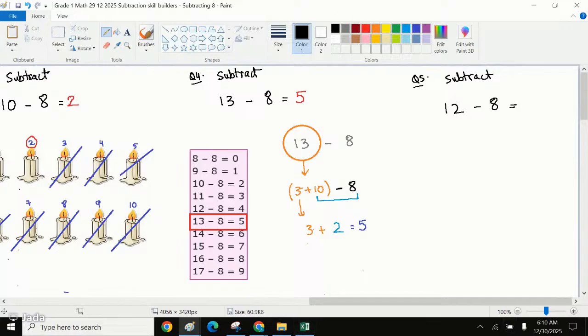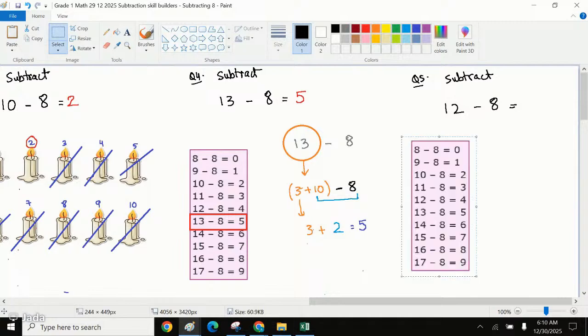Can anyone answer? 12 minus 8 would be equal to, yes, the previous one was 5, and 12 minus 8 would be, we can use this grid. We can use this for our help, right? So what is 12?